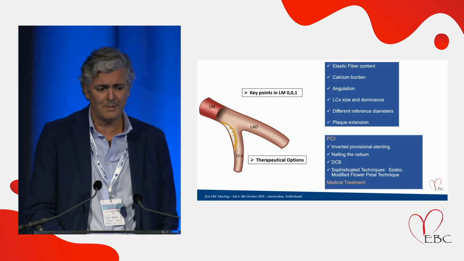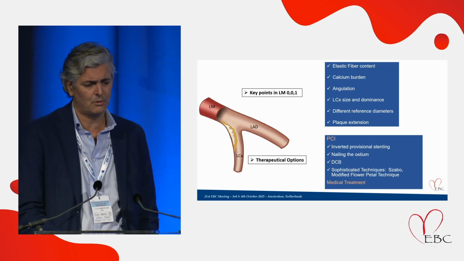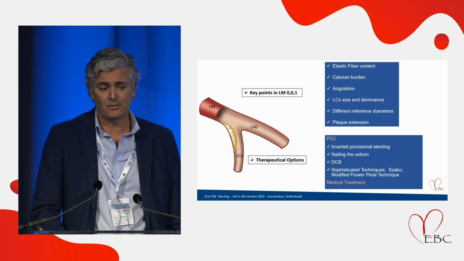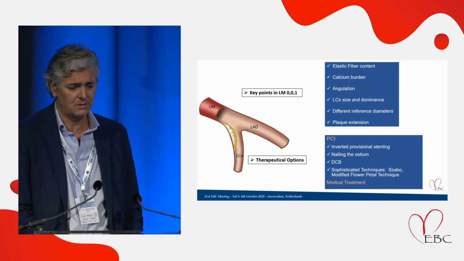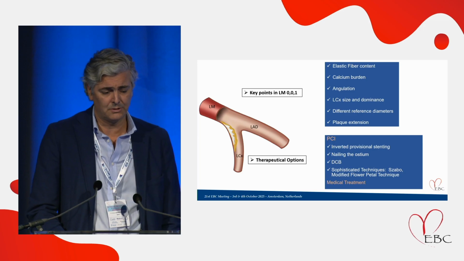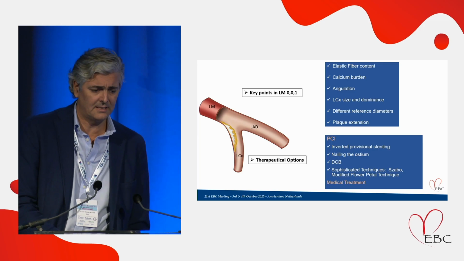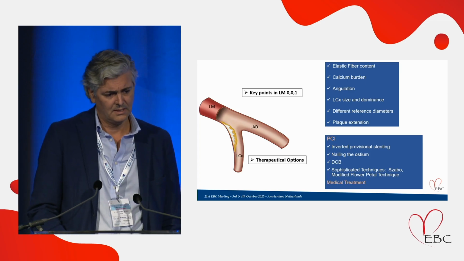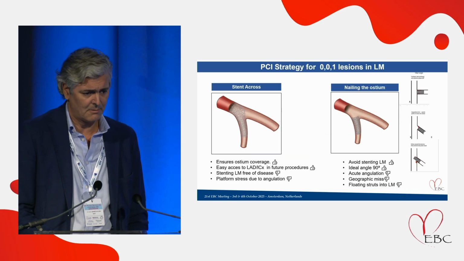And we have two main PCI strategies to approach these lesions: the inverted provisional strategy with the stent across, or nailing the ostium. And recently, DCB has emerged as an alternative in this scenario, but its role has yet to be established.